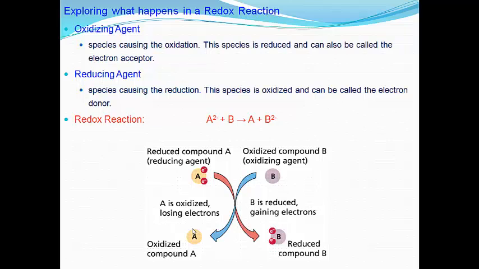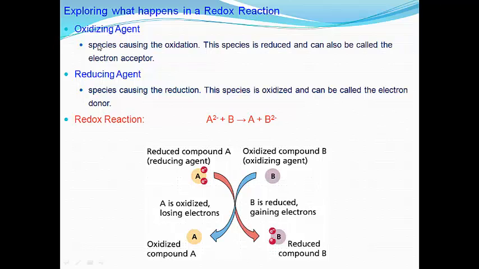If reduction is to take place, then oxidation is to take place, and thereby, if reduction is to take place, it means that there is a species that is going to cause reduction to take place. On the other hand, in order for oxidation to take place, there is a species that will cause oxidation to take place.